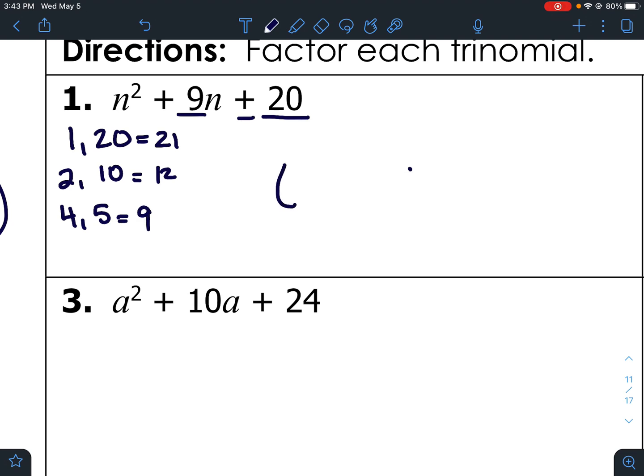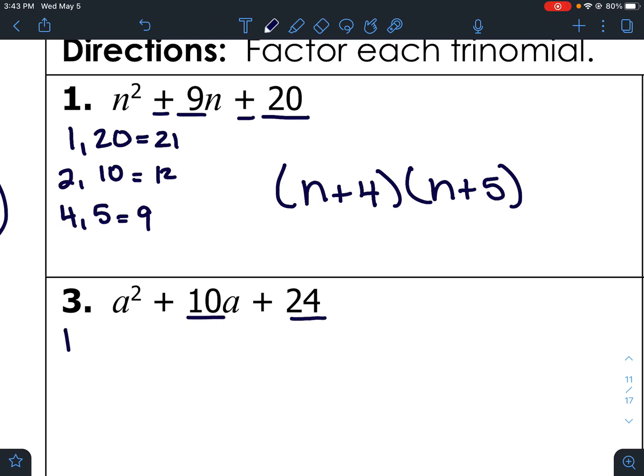Once again, because these are both plus signs, I'm going to have n plus my first factor that I used, 4, n plus my second factor, which was 5. And we're done. Let's try another example. Once again, 2 plus signs. I need factors of 24 that add to be 10.